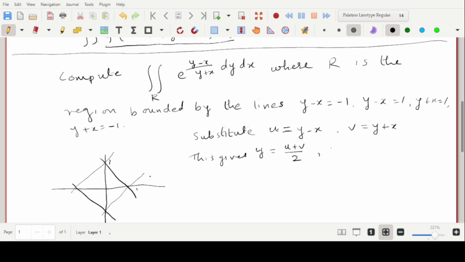So that gives us x equal to v minus u divided by 2.